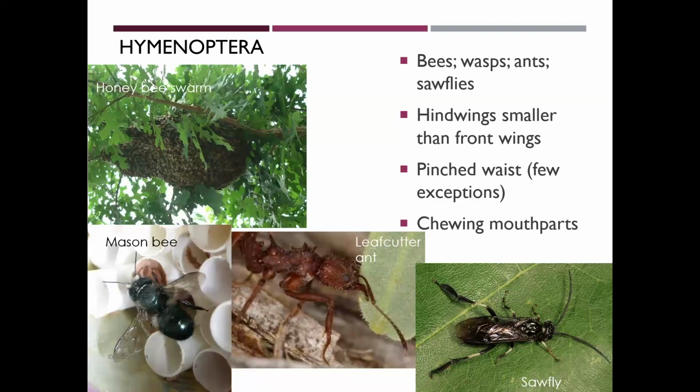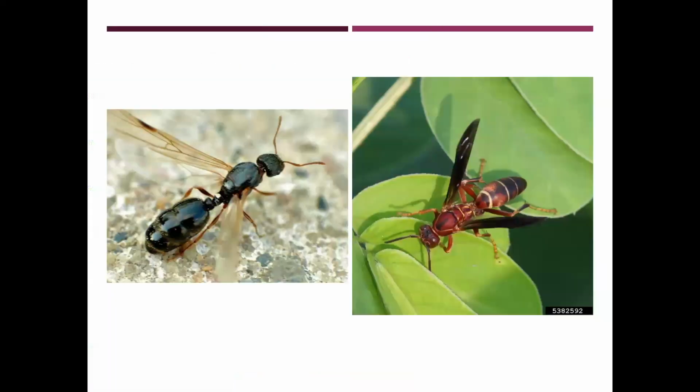But when we are looking at ants or wasps, they do not have that barbed stinger, so they are capable of stinging you multiple times. And not all ants are going to be capable of stinging. Probably the one that we are most aware of and concerned with are the red imported fire ants. I'm sure everyone on here knows that they are capable of stinging and has experienced that firsthand.